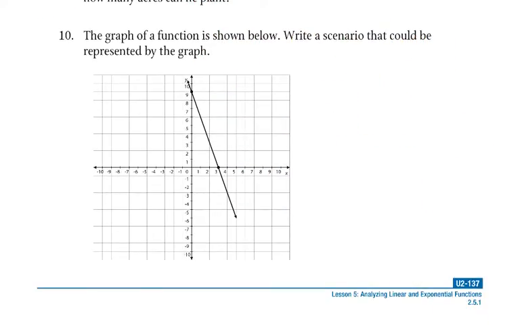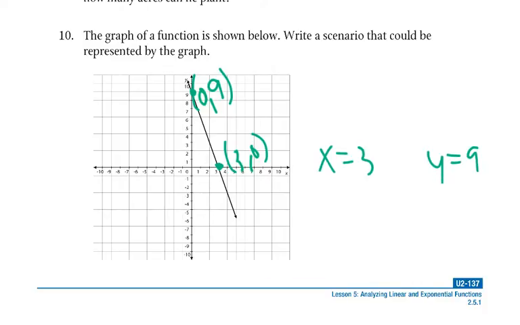Okay, number 10 then says a graph of a function is shown. Write a scenario that could be represented by the graph. So find your Y-intercept. Okay, one right there at 9, so (0, 9). Find your X-intercept. (3, 0). So you'll have x equals 3, y equals 9. You'd want to go back up till you got something x equals something, y equals that.